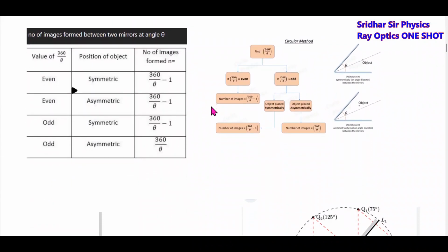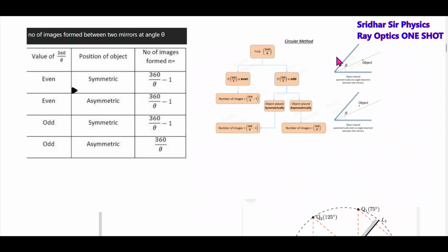Now if the angle between the plane mirrors is theta, and the object is kept on the symmetric line, if 360 by theta is even, the number of images will be 360 by theta minus 1. This is one formula.